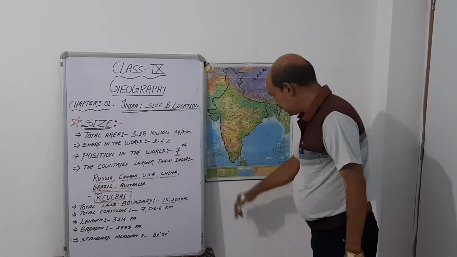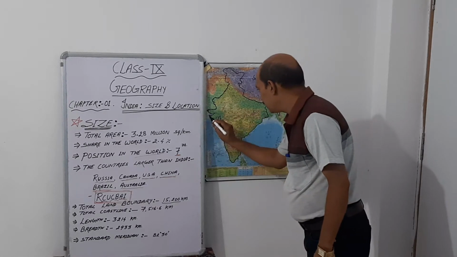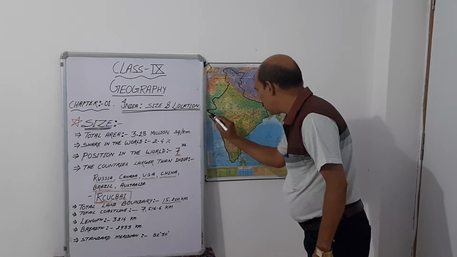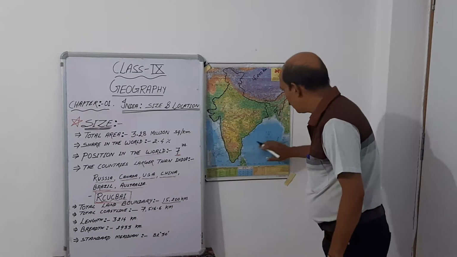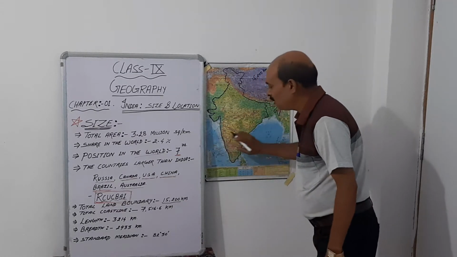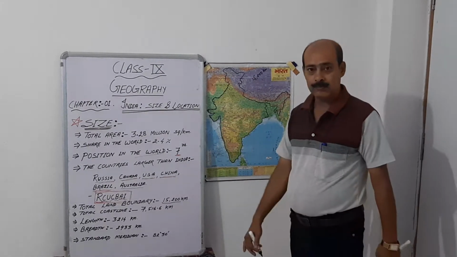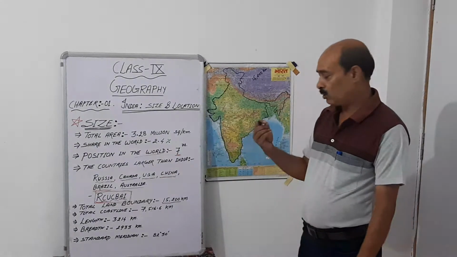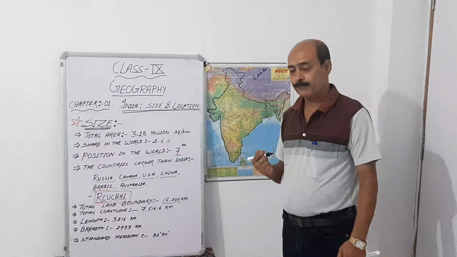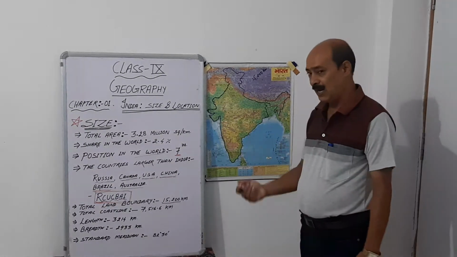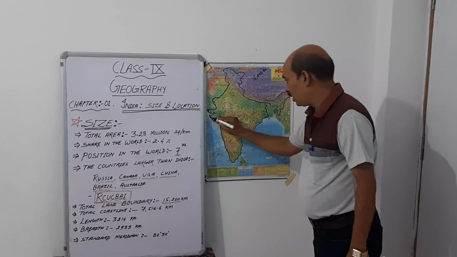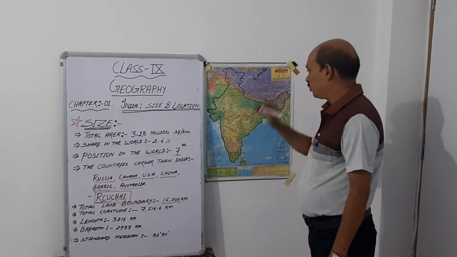When we move to the southern side, India is surrounded by water bodies on three sides, as in a peninsula. What is a peninsula? A peninsula is that land part which is surrounded by water on three sides.